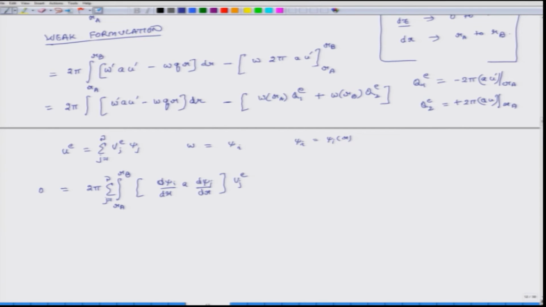So, this is one term, dr, minus integral from R A to R B of 2 pi psi I q r dr, minus these terms in brackets.